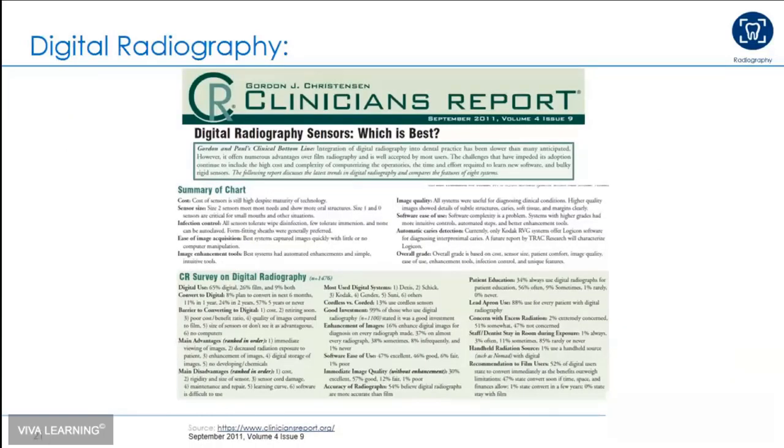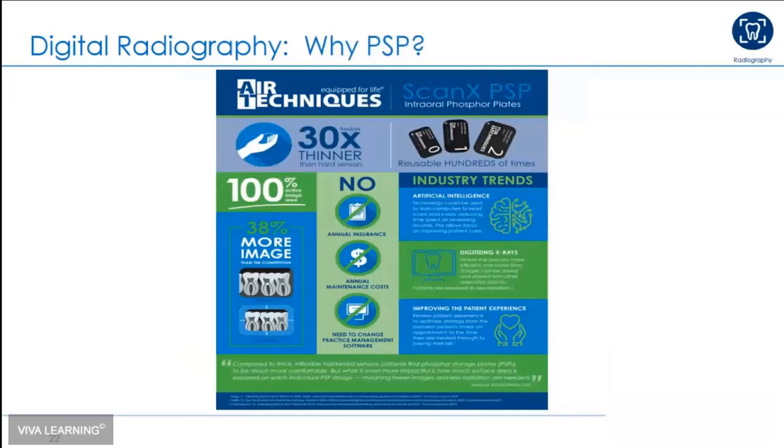So again, when he went through his summaries, he talked about sensor sizes, and a number 2 analog film, phosphor plate, or rigid sensor is typically the best one on the market. And the digital radiography is certainly the way to go. I mean, Gordon has advocated it for a long time, and I certainly stand right beside him when talking about that.